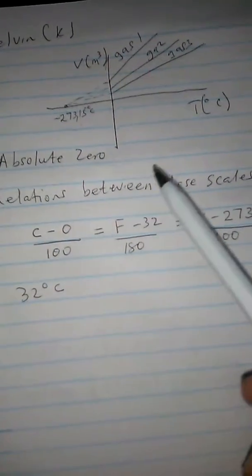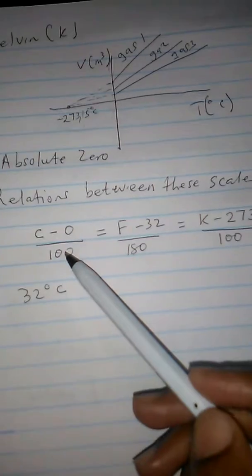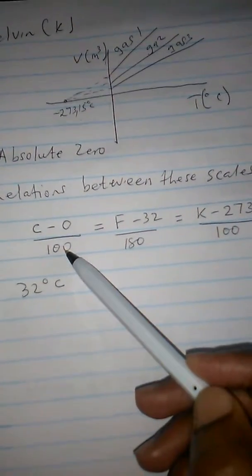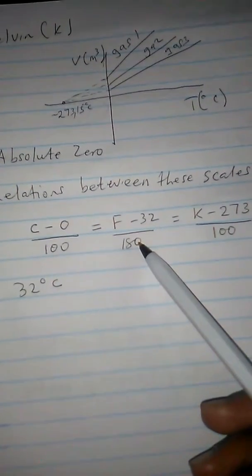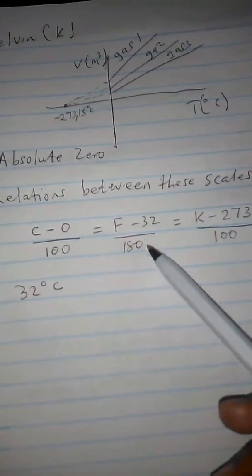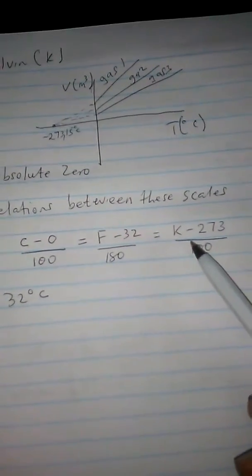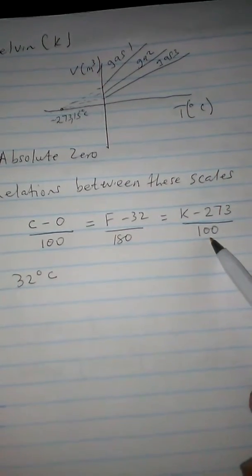Now, if you look at these relations, remember when we spoke of divisions. We said for a Celsius scale you have 100 divisions. We said for a Fahrenheit scale we have 180 Fahrenheit divisions. And also for a Kelvin scale we have 100 divisions.